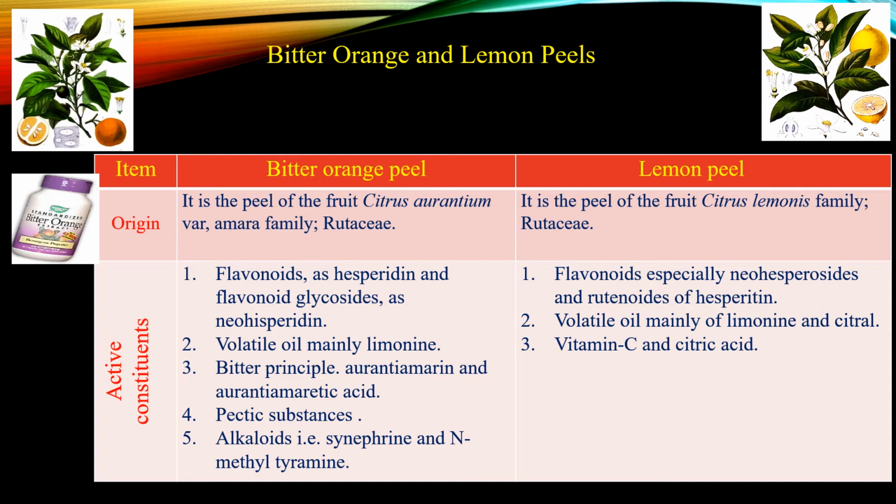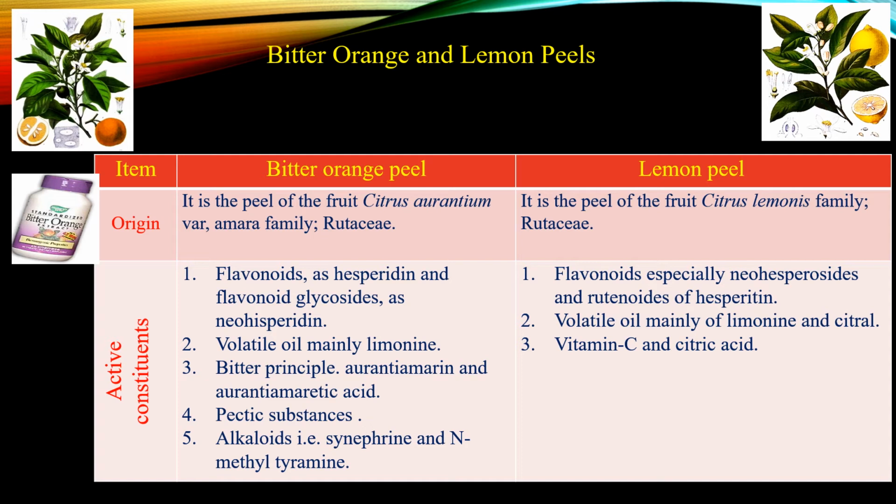Bitter orange peel contains flavonoid such as hesperidin and flavonoid glycoside such as neohesperidin, volatile oil, mainly limonene, bitter principles including aurantiamarin and aurantiamaric acid, pectic materials, and alkaloids synephrine and N-methyltyramine.